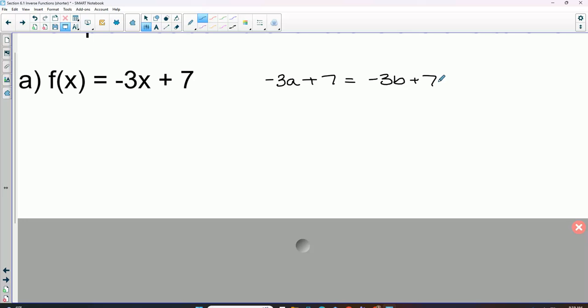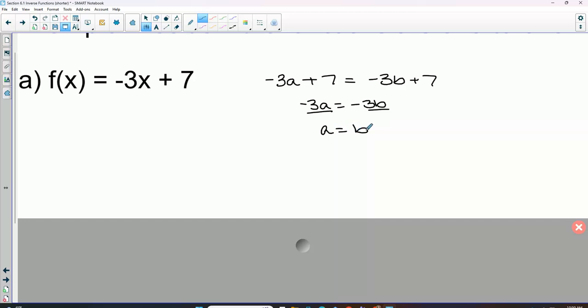Now I'm going to solve that equation. So if I want to get a by itself, what would we have to do? And then what? So we get a equals b.